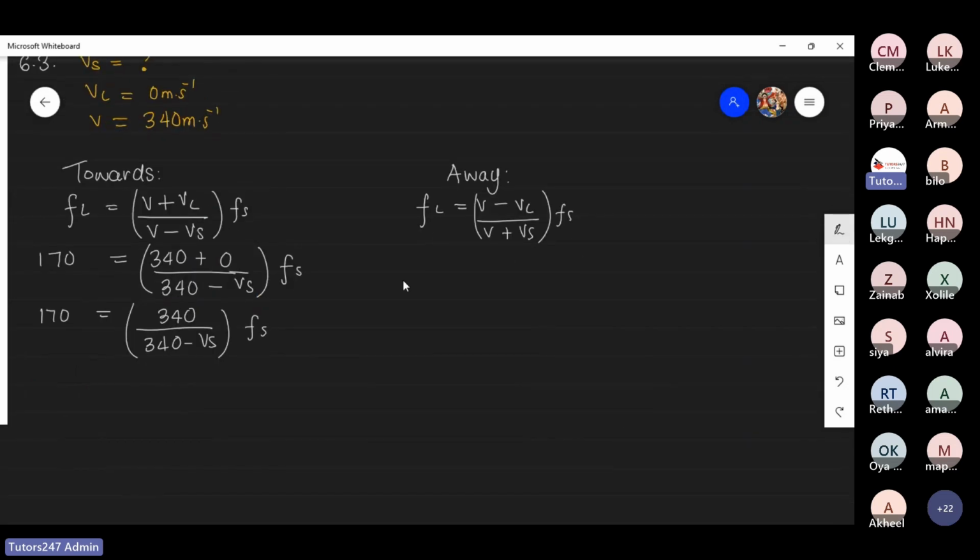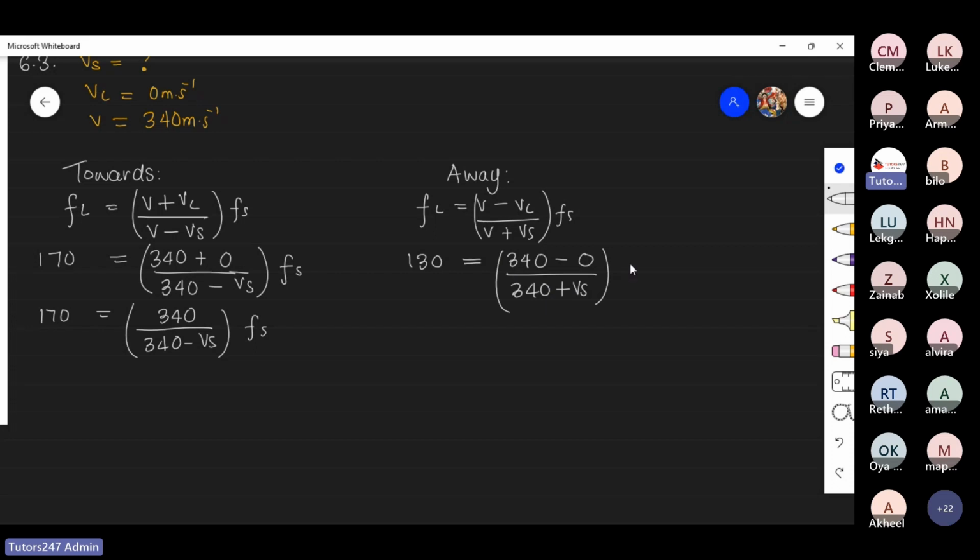So we are now going to substitute: 130 equals, we were told that V is 340 minus 0, all over 340 plus Vs, times Fs.